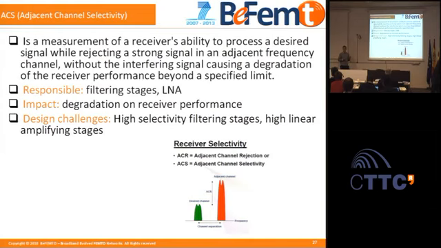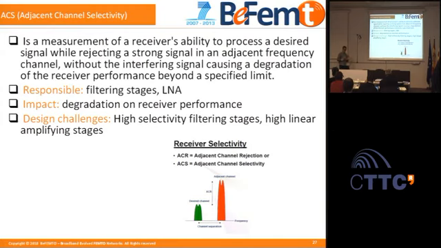Because, for example, if a low noise amplifier has a low power compression point and it receives one strong signal, it could be saturated, and it causes a lot of problems on the receiver by generating several intermodulation products and things like that. So it's another important question on this parameter.